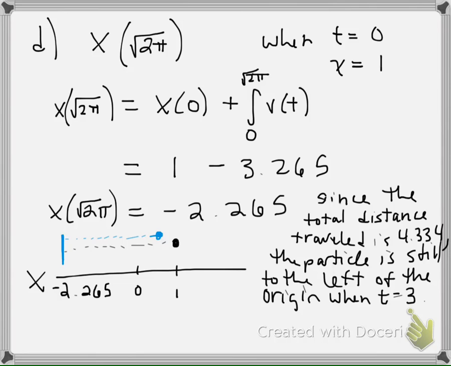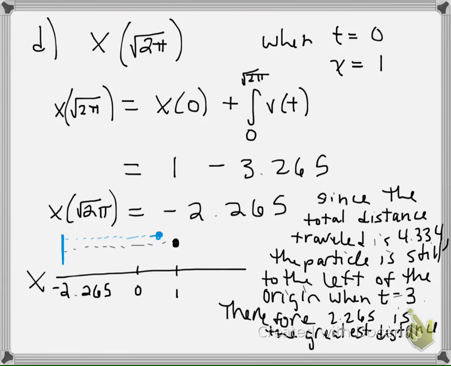So that tells me this minimum value over here has to be the farthest away from the origin. Okay, so therefore 2.265 is the greatest distance from the origin.